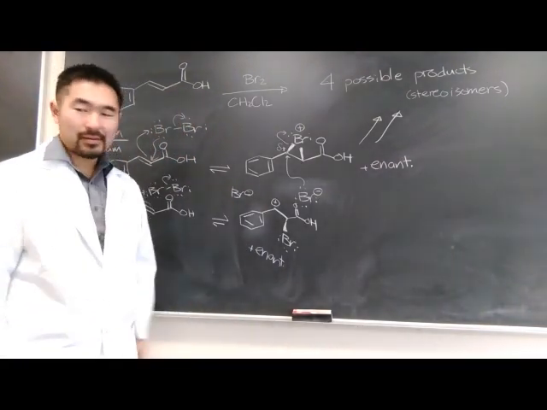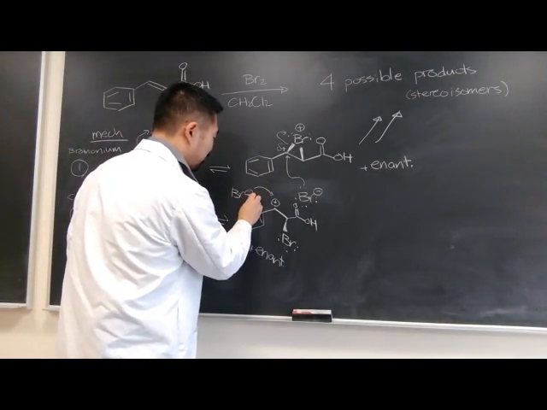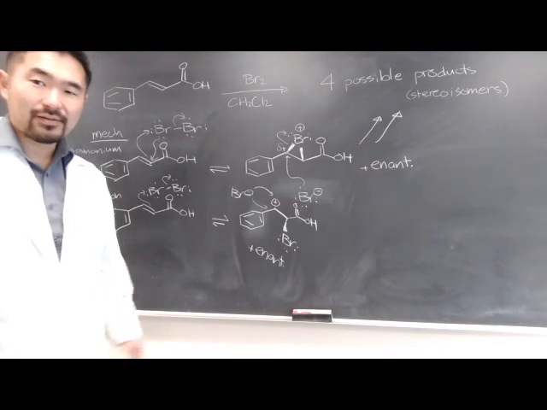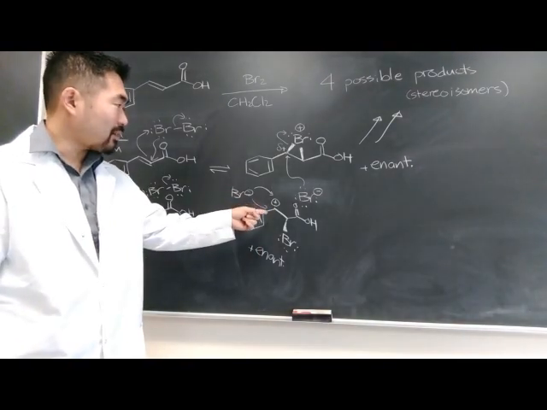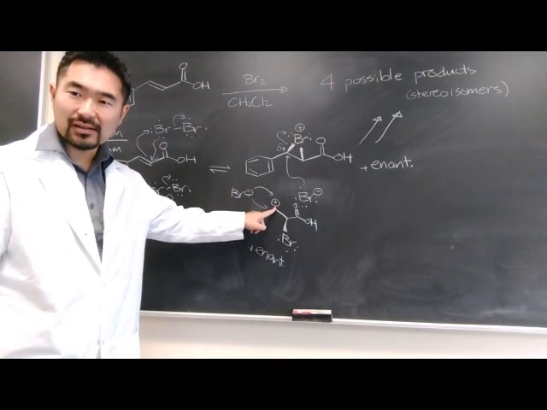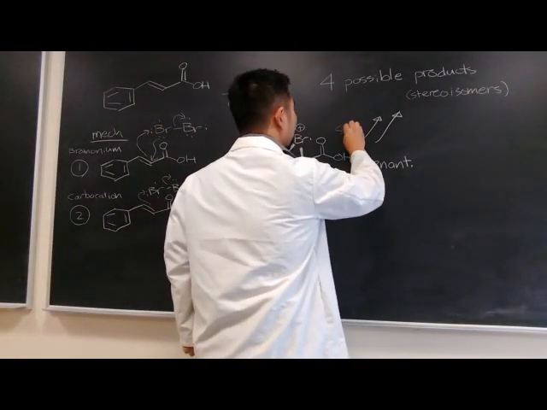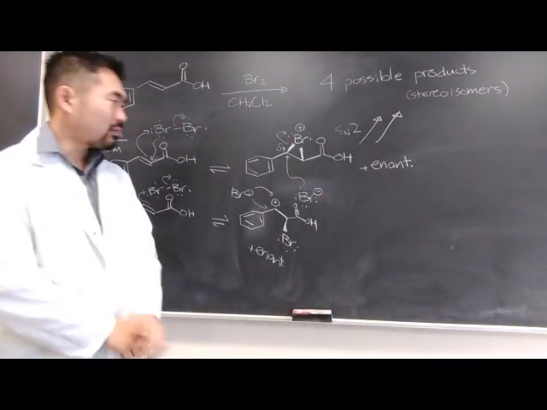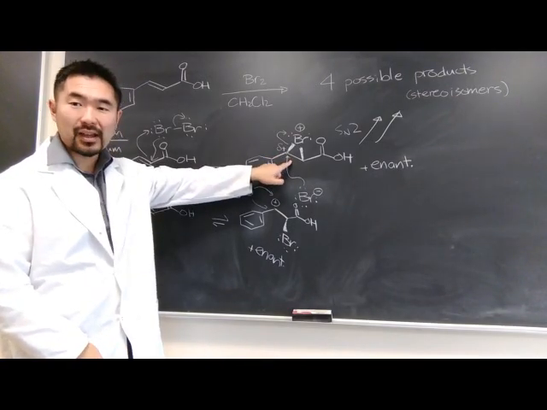once you form this carbocation, the bromide ion could come in either from the front or from the back face of this carbocation. And so in this case, you could end up with two different diastereomers as the possible products. Whereas here, earlier in the bromonium cation pathway, this is an SN2 mechanism.